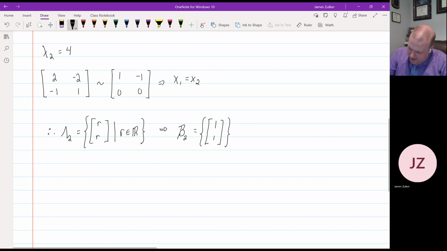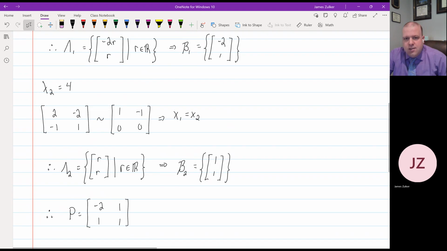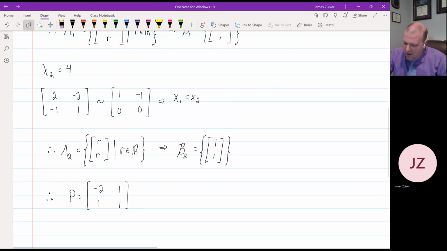Therefore, to diagonalize this matrix, P is equal to this here. So I took the basis element of the first eigenvalue, made that the first column. See that?